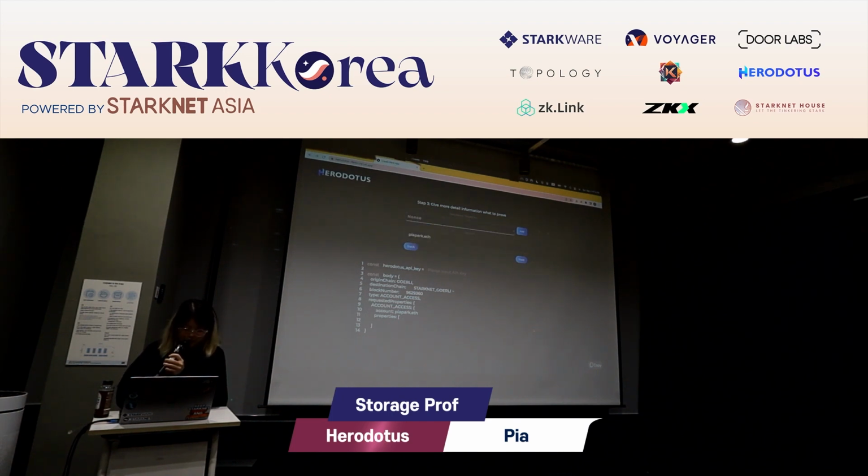Of course, you can add multiple ones, but if you want to do the storage hash, you need to put the Merkle inclusion proof of the specific value inside the storage tree. I think there is not enough time for that in this talk, so let's just do it with the block header.